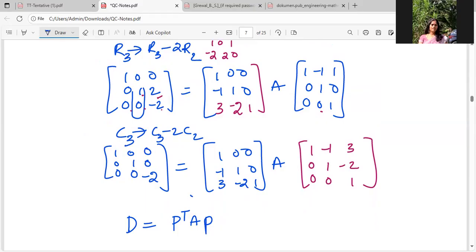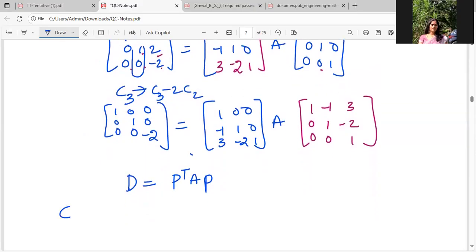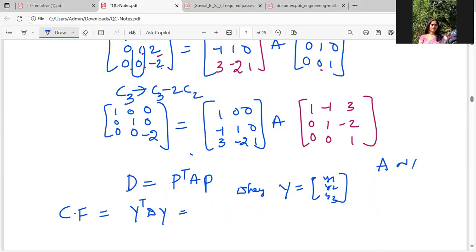Now, what would be the canonical form? Canonical form would be something like Y transpose DY. What would be Y? Y is nothing but something like Y1, Y2, Y3. A and D are congruent matrices, guys. That's why it's called congruent matrices.